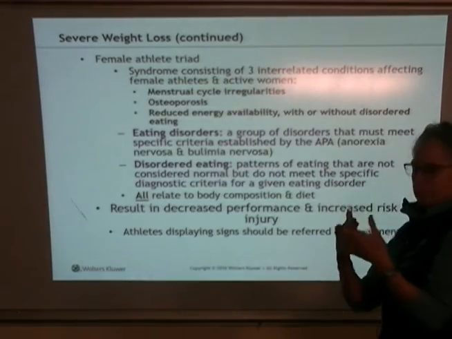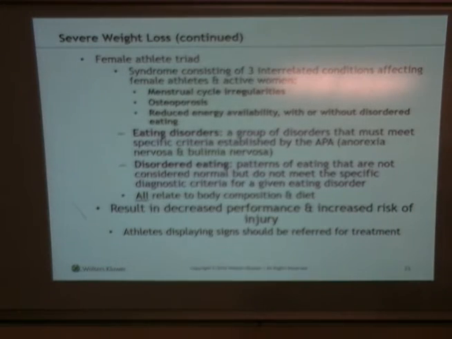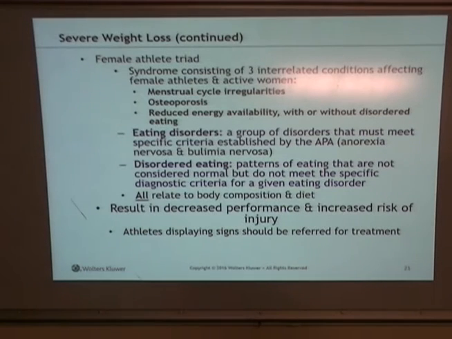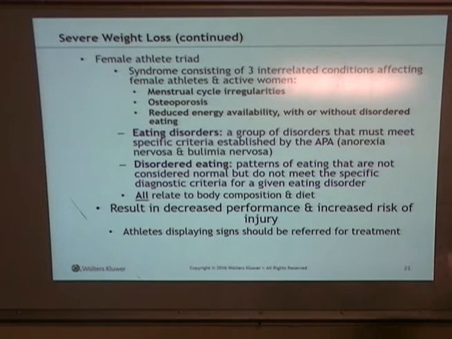Which is setting you up for an injury, right? And then the last one is reduced energy availability, which can be with disordered eating or just because they're falling into another group.